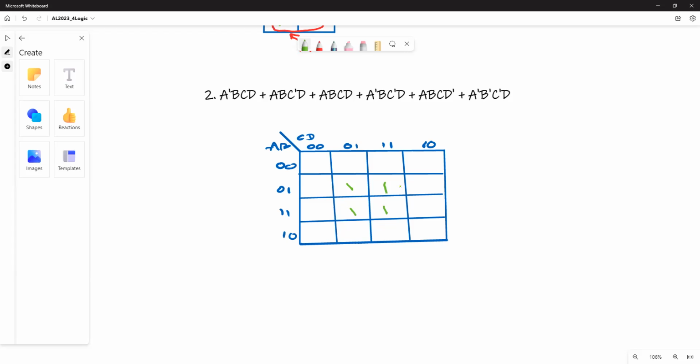Then we have A, B, C, D bar, this is 1. Then A bar, B bar, C bar, D. So this is 1.